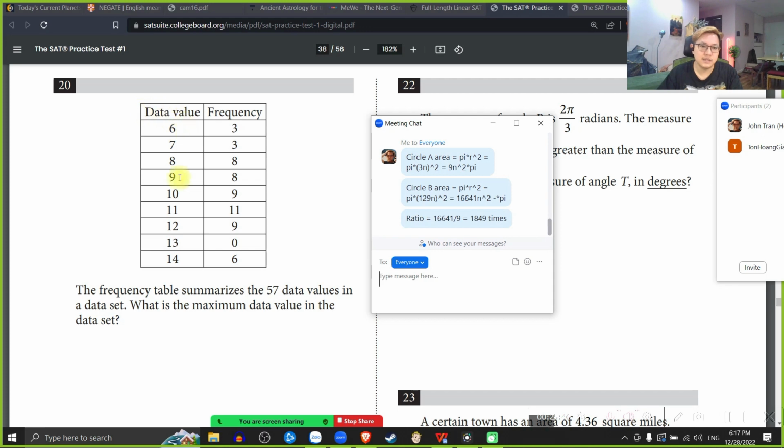So the frequency table summarizes the 57 data values in the dataset. 57 data values, okay?